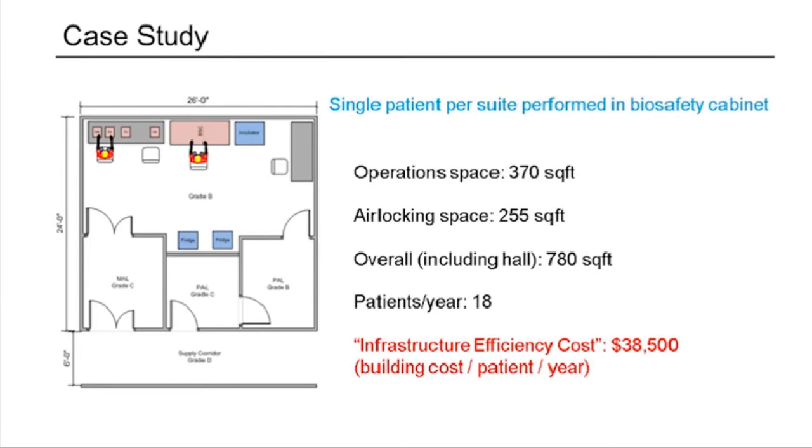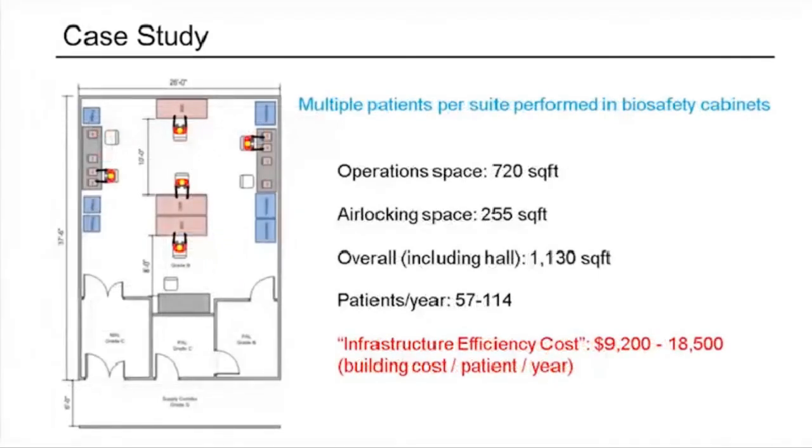And so maybe you double your annual patients per year, but it's really still going to be not a very cost-effective solution. So if you're trying to do 1,000 patients a year, this philosophy is almost a no-go in terms of trying to design a facility that can do large-scale autologous production.